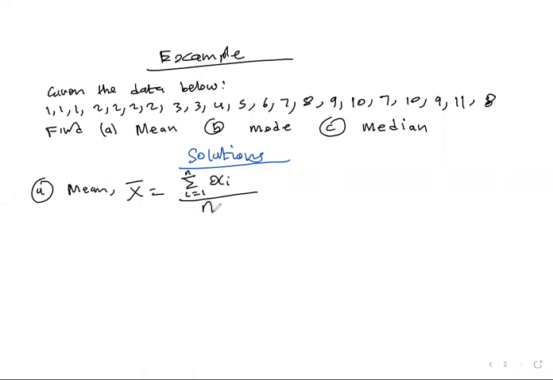So if you add these measures, now here you can hold your calculator so that I teach you how to enter this data in your calculator. Do you have calculators? Yes, sir. Okay, wonderful.